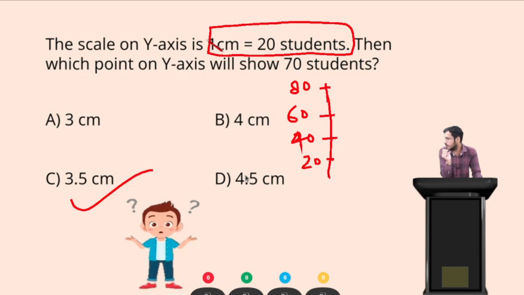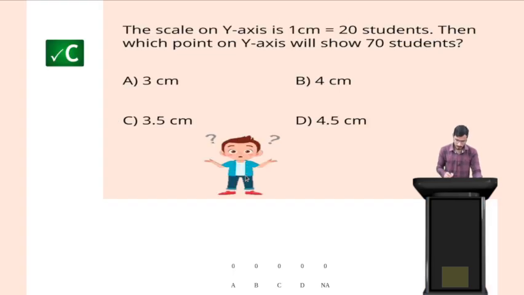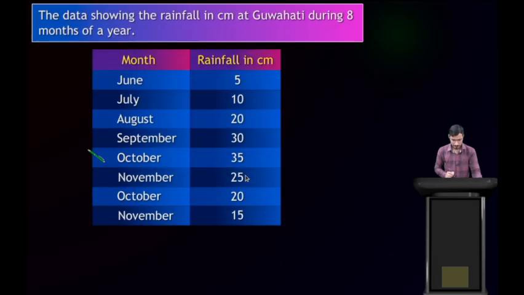In the question you can see 70 students, and 70 is between 60 and 80. So that is 3.5 centimeter. The answer is option C, 3.5 centimeter.